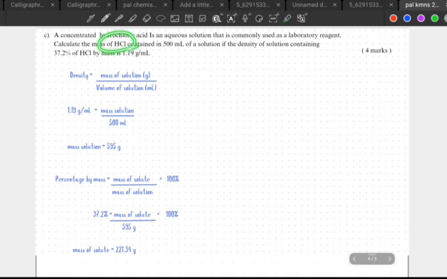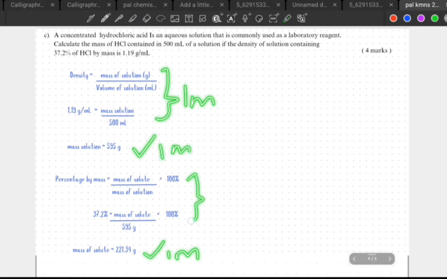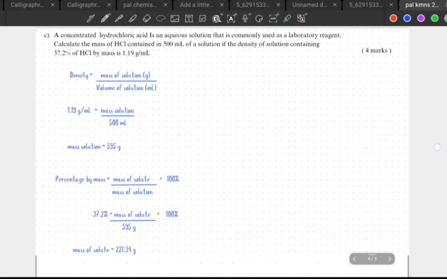This one also you will get 1 mark, this one 1 mark, answer 1 mark, and the final answer you will get 1 mark. Last question.